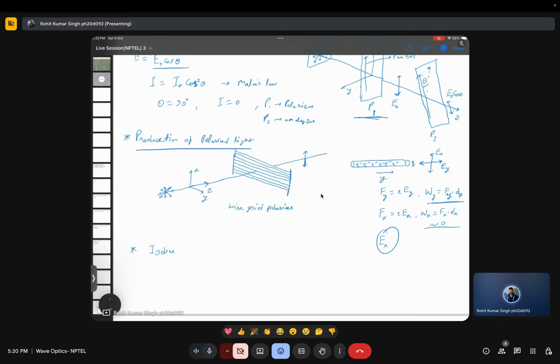You have heard about iodine, right? So iodine has this structure that it has long chains of molecules. So long chain polymer molecules. Okay, so the crystal structure of iodine is something like this.